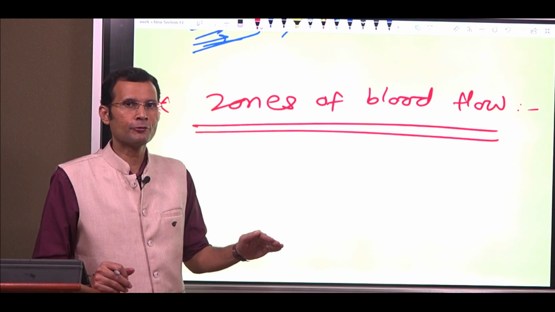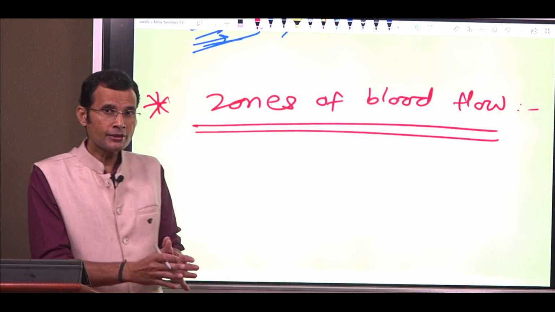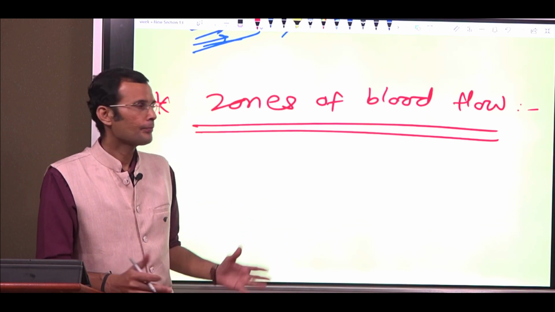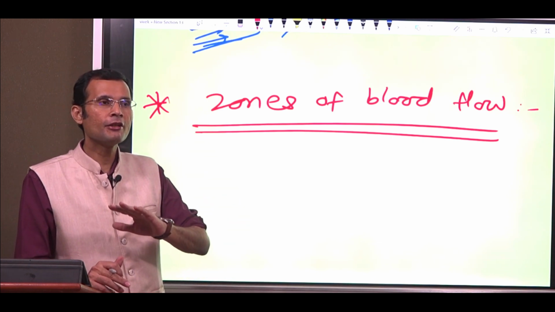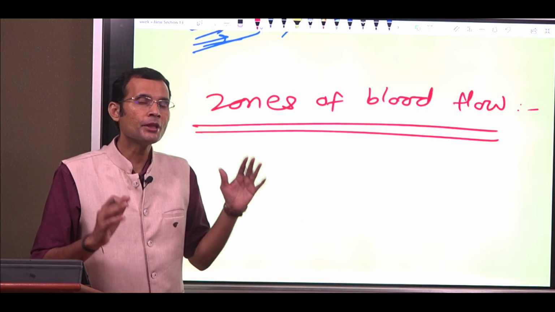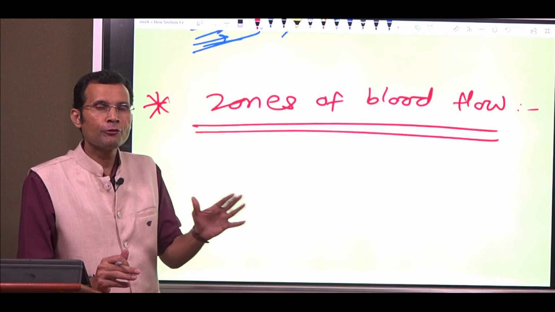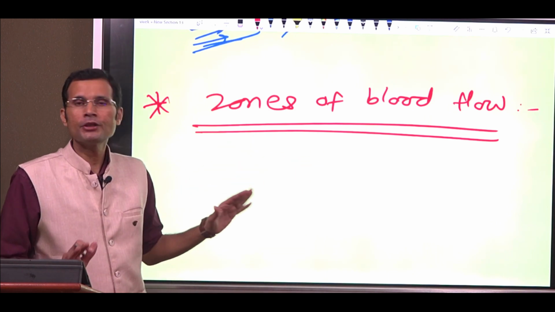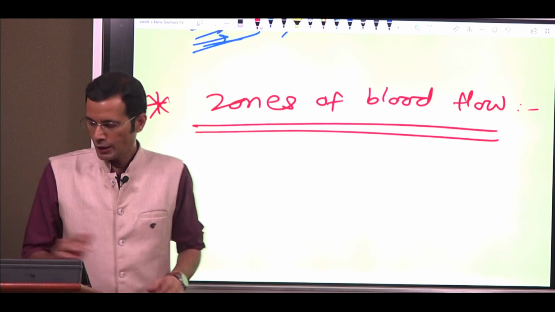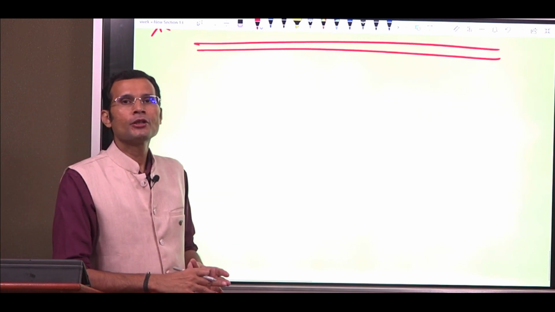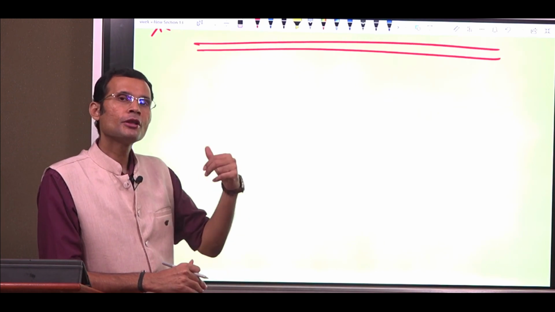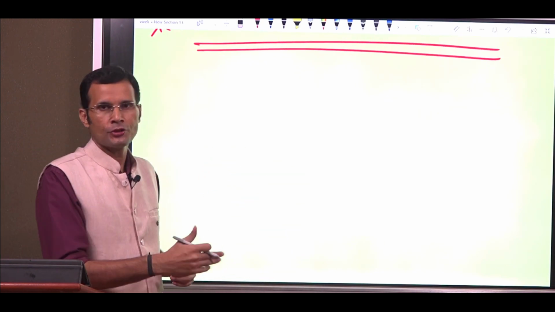In the lungs though, that's not the case. You see different zones of blood flow, meaning blood flow differs in different regions of the lung. Let's understand this particular point and then we will move on to the next section of this discussion.